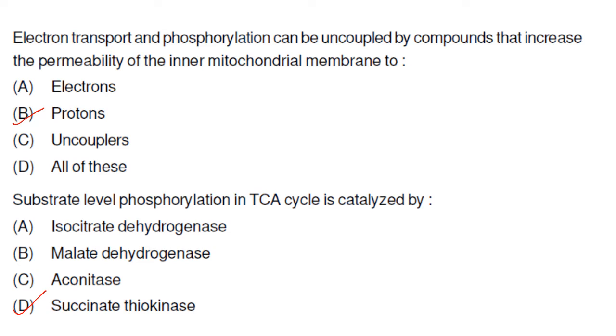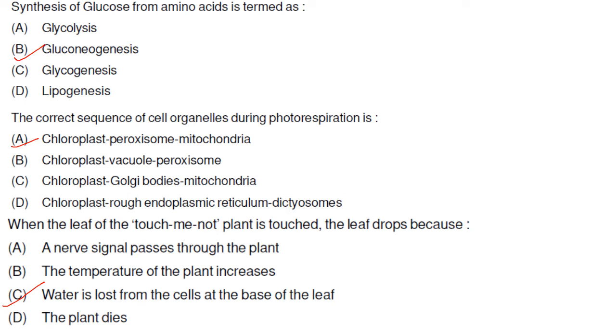The next question. Substrate level phosphorylation in TCA cycle is catalyzed by. So succinyl-CoA synthetase is the only mitochondrial enzyme capable of ATP production via the substrate level phosphorylation. And succinyl-CoA synthetase is also known as succinate thiokinase. So the answer here is option D. Then next one.